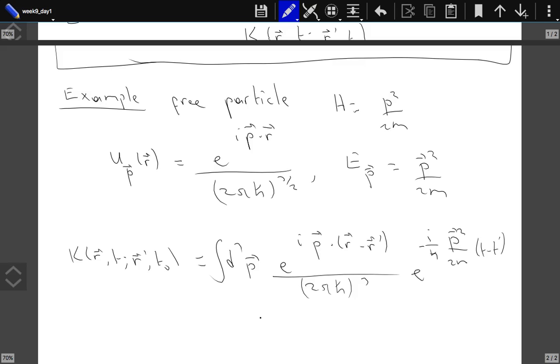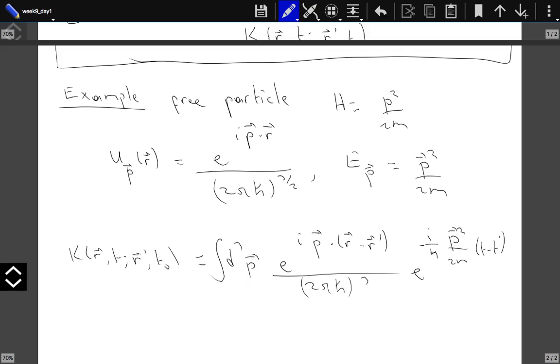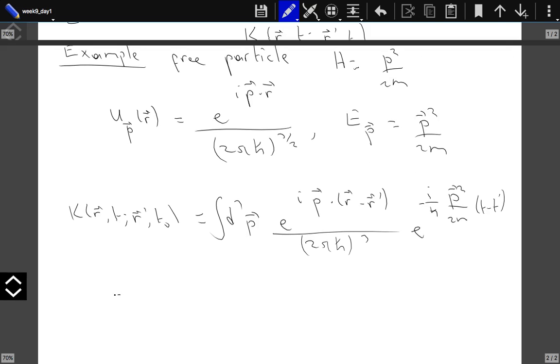Now this integral is kind of problematic because it's highly oscillatory, it doesn't really converge. But we have tricks to make it convergent. So let me just rewrite it in a slightly different form.